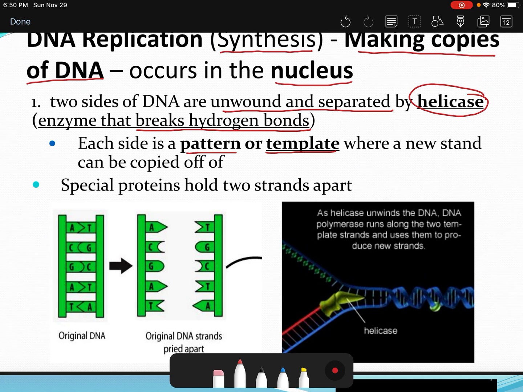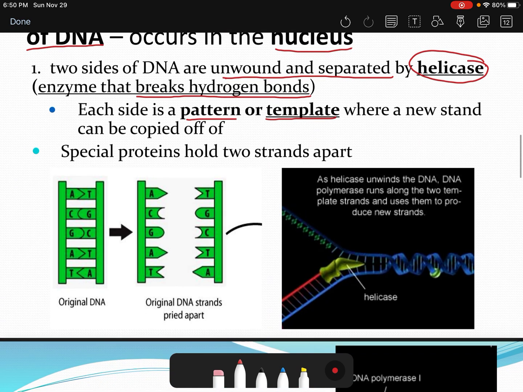There are special proteins that kind of keep the DNA strands separated. Once that helicase has broken those bonds, it keeps them separated into two strands. So you can see here the picture. You have your original DNA, and now the helicase came through and it broke the bonds and separated it into two separate strands. And here it's showing you an example of the helicase there.